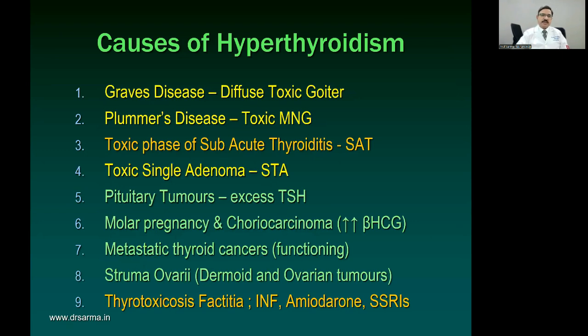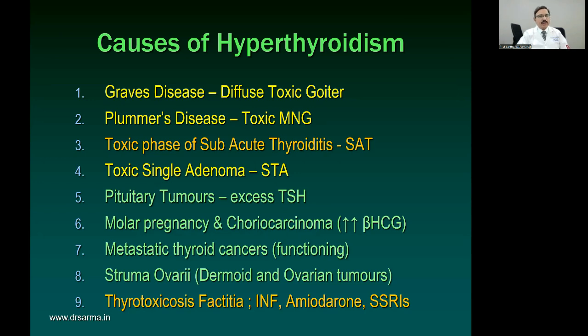Graves' disease, diffuse toxic goiter; Plummer's disease, toxic multinodular goiter; toxic phase of subacute thyroiditis, also called SAT; toxic single adenoma, TSA. The first four are the primary reasons.